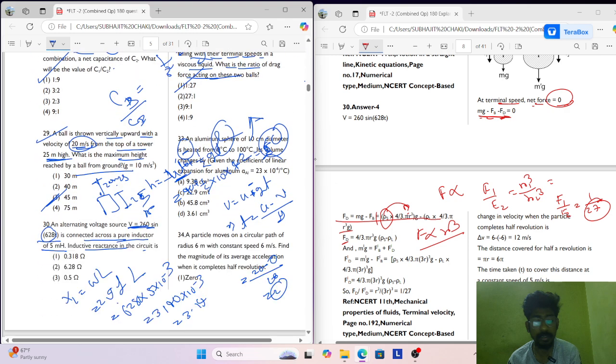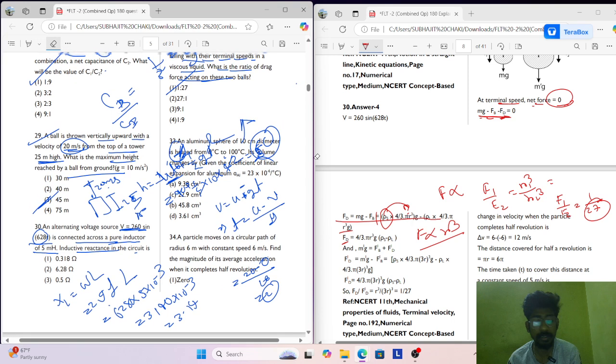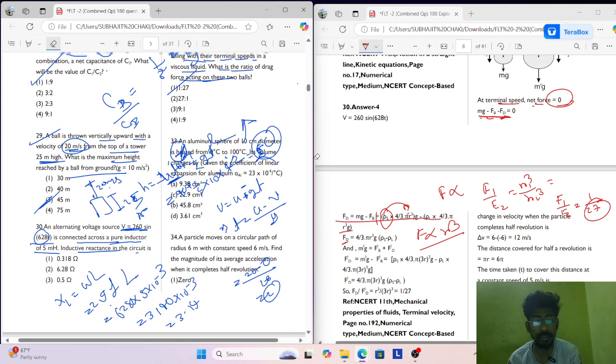Aluminum sphere of 10 centimeter diameter and 5 centimeter radius is heated from 0 to 100.